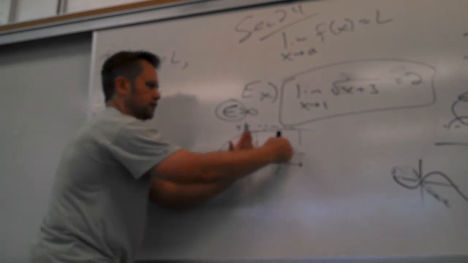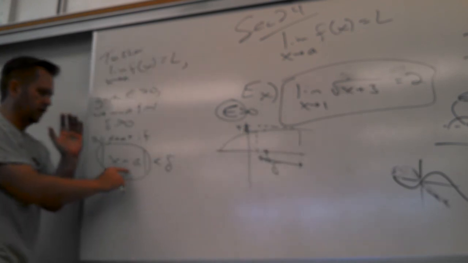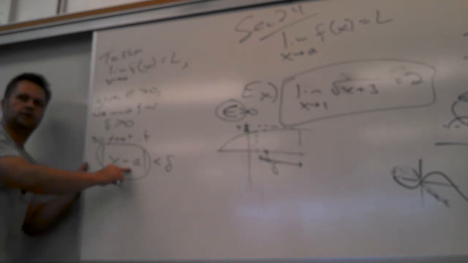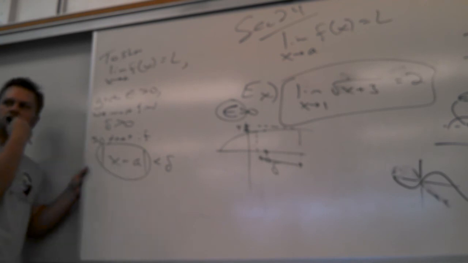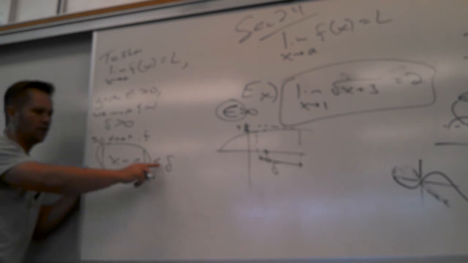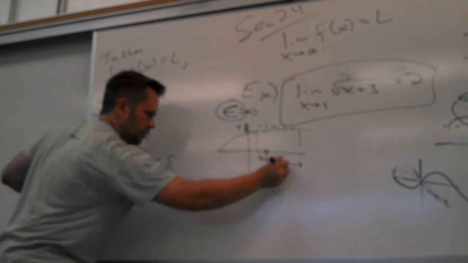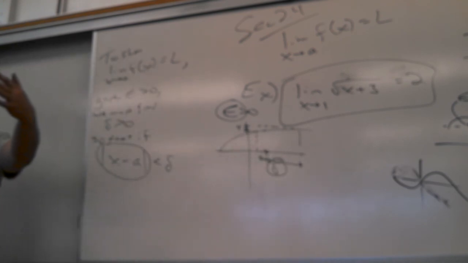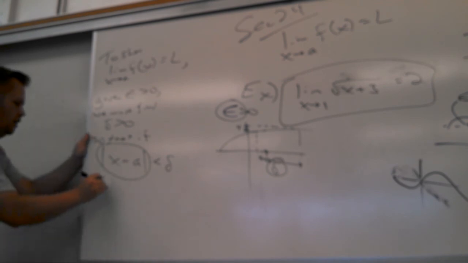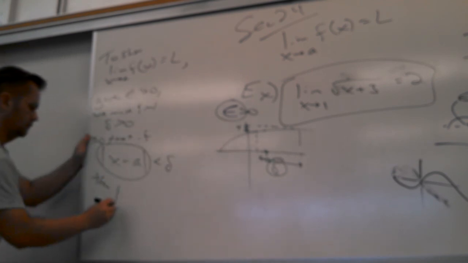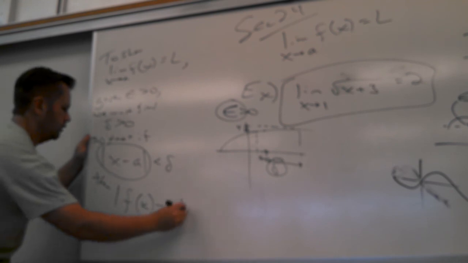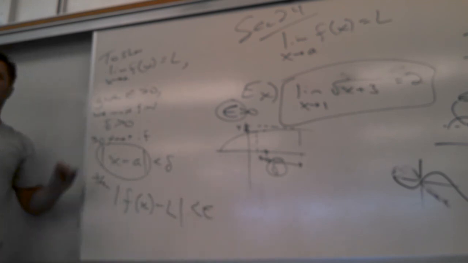So I want to be less than delta from A. That's all that really says. So if I am closer to A than delta, some distance away from that, then my function values will be closer to L than epsilon.